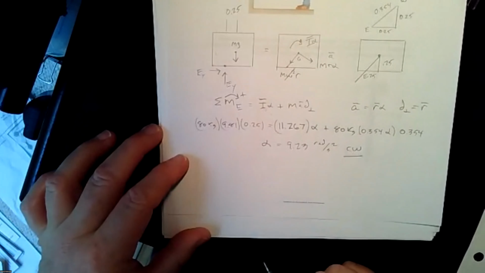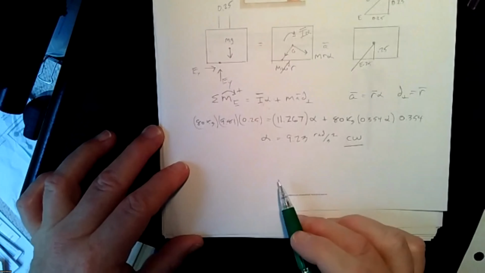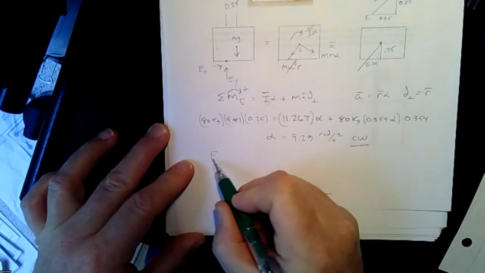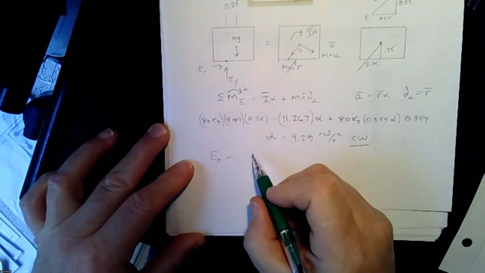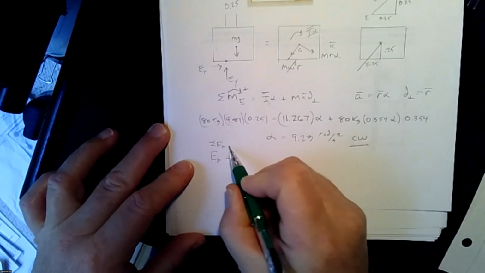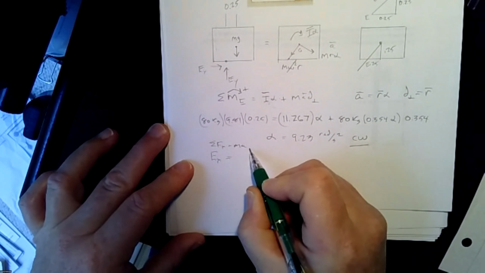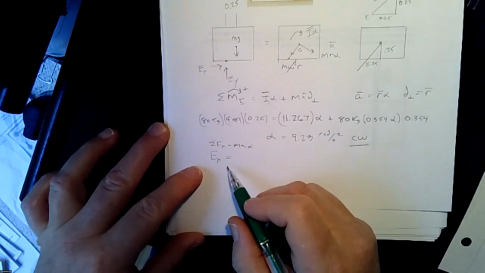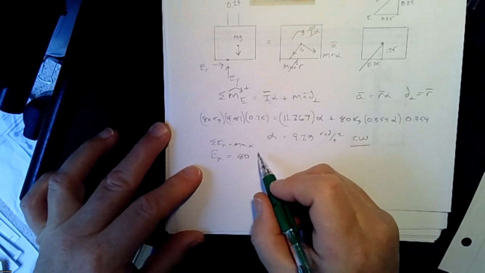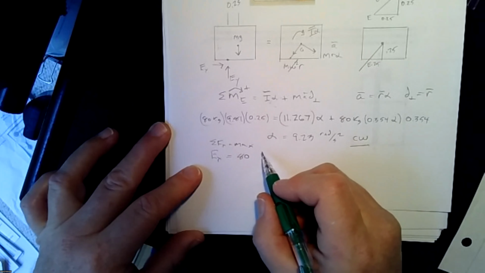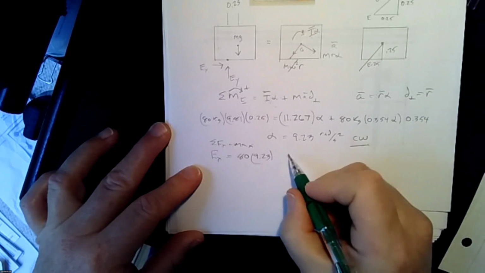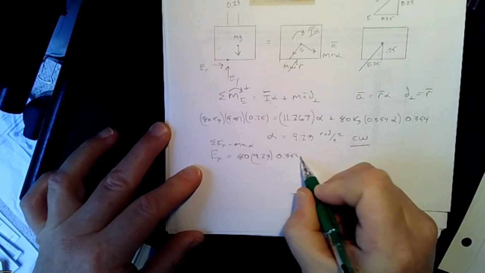So then for the reactions, just like we did before, we know that Ex is just going to equal the result of the sum of the forces. So sum of the forces in the X equals m a in the X. So Ex equals 80 times its acceleration, 9.23, times its distance, 0.354, right?